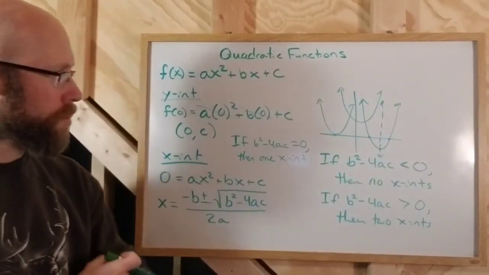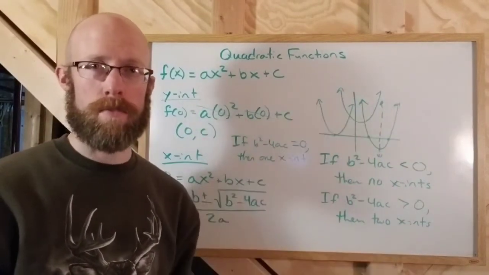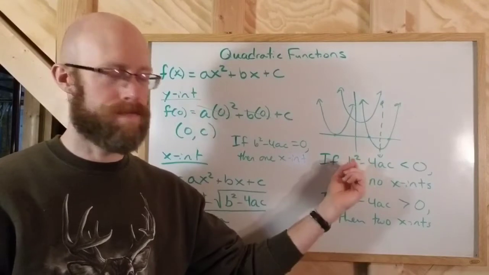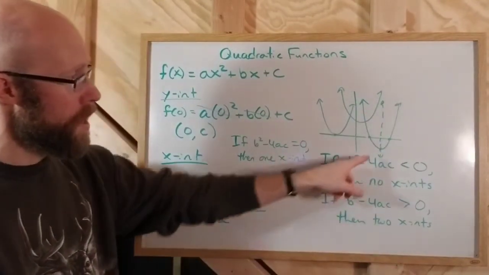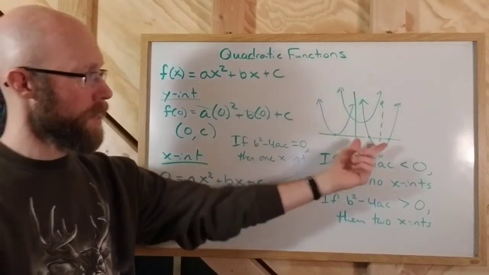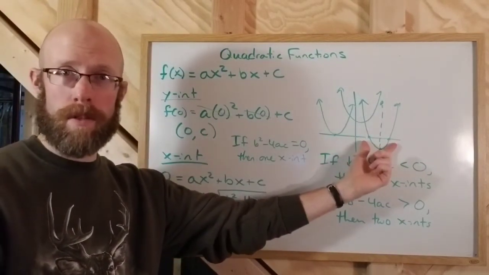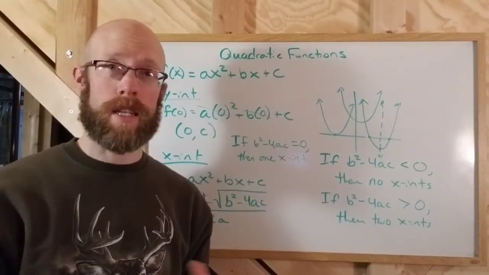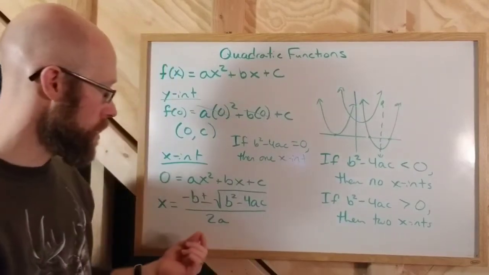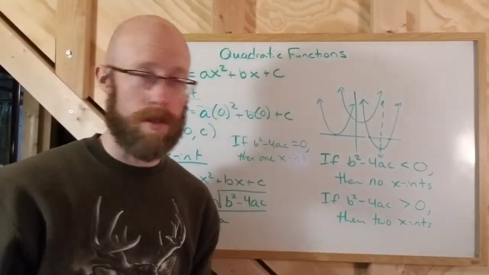So in order to find a number that's halfway in between, so I can find that axis of symmetry, I could average the two x-intercepts. I could add them together, divide by 2, that gives me the number directly in the middle. And that's how we can find the vertex and the axis of symmetry both.